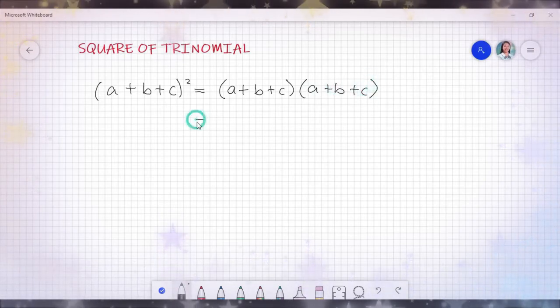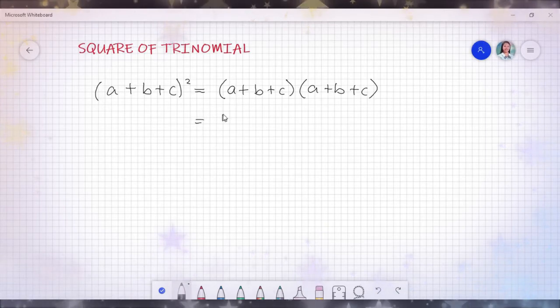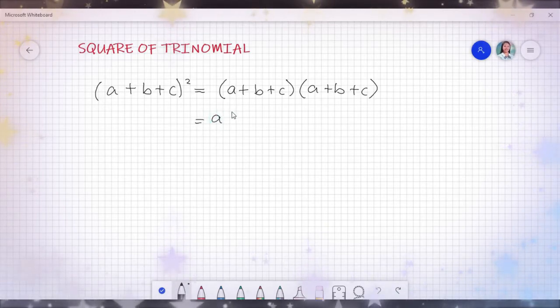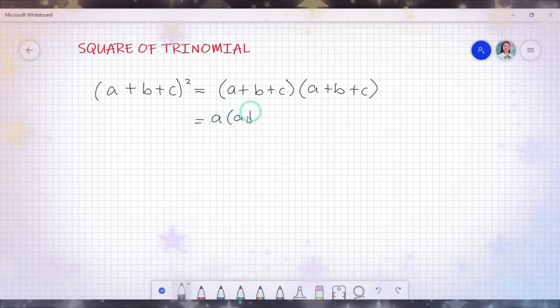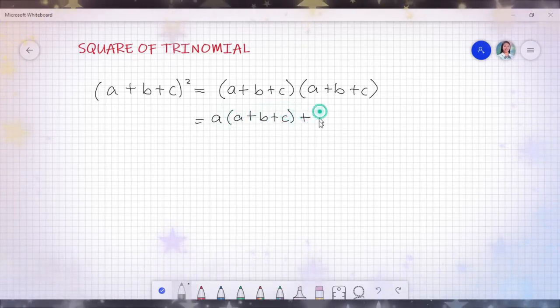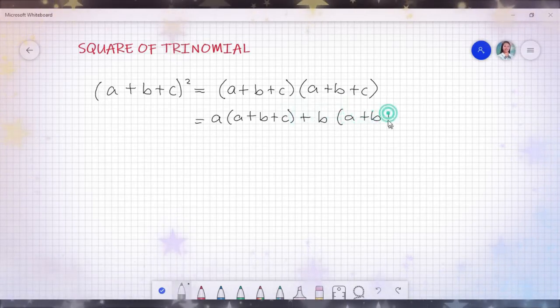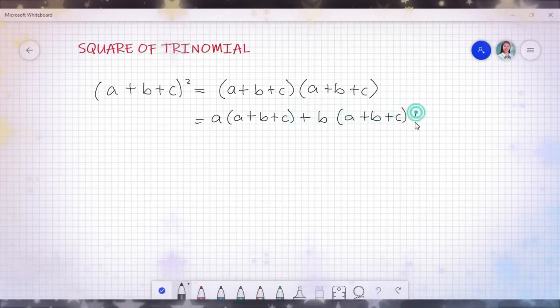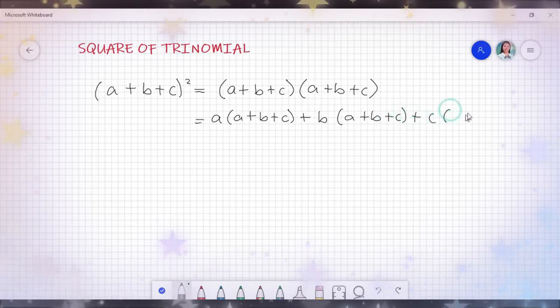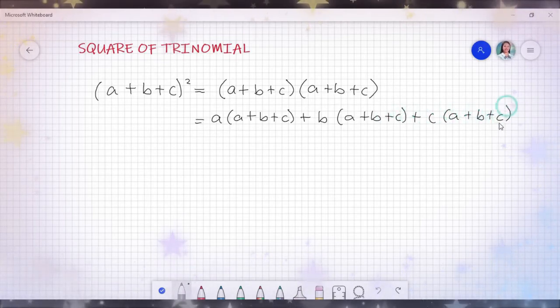And using the distributive property, you're going to distribute the first term to the second factor, also b times a plus b plus c, plus c times a plus b plus c.